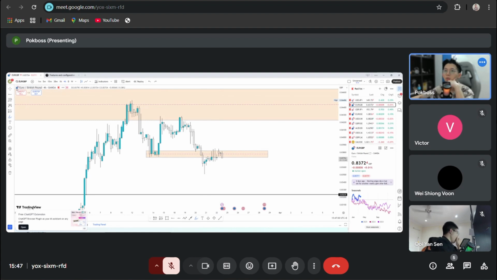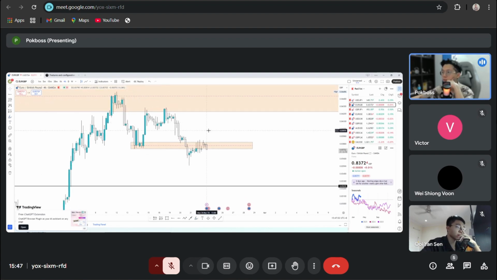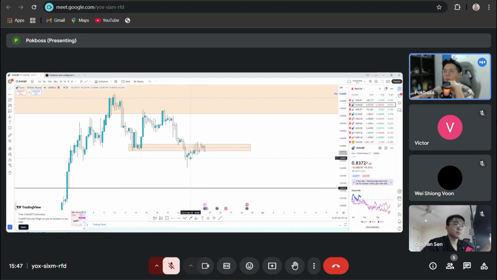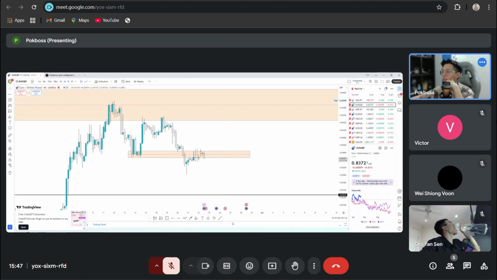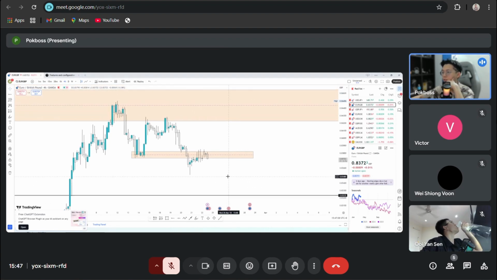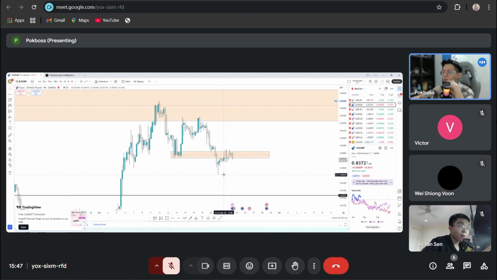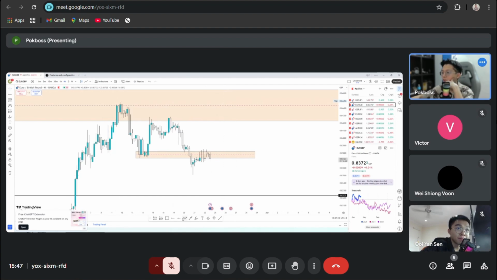What I'm waiting for is a bearish engulfing candle, or any good bearish confirmation candle, and then I will enter the trade. But for now you can see there is still nothing. It just tested the zone with no confirmation, no momentum for us yet.